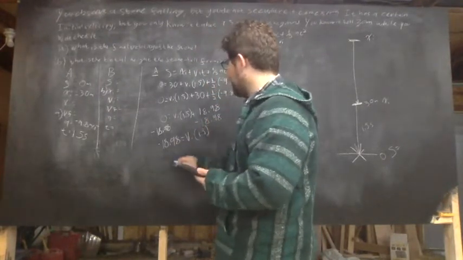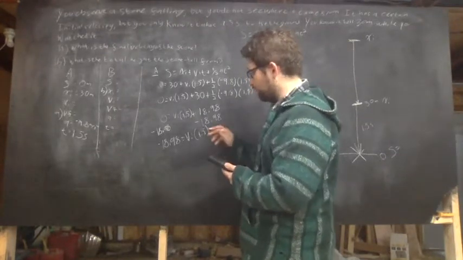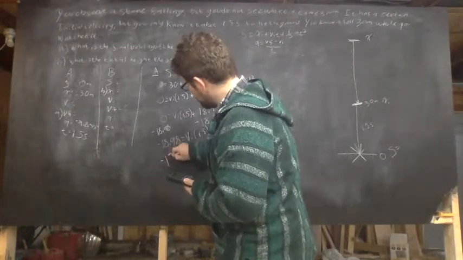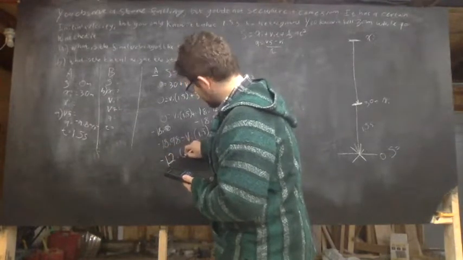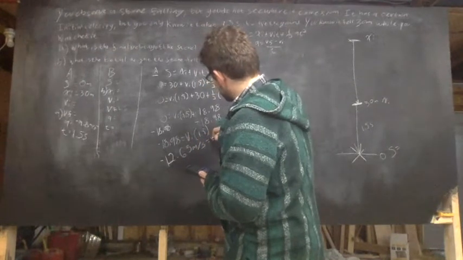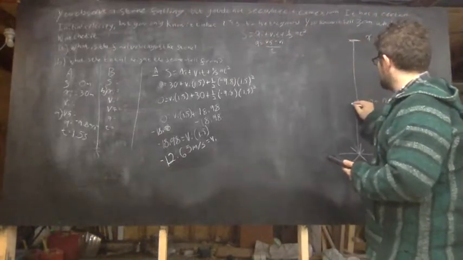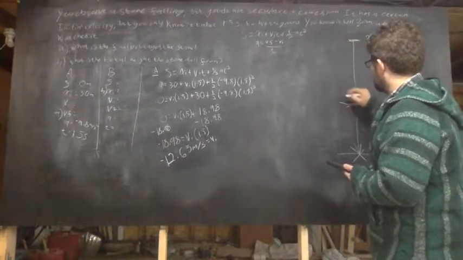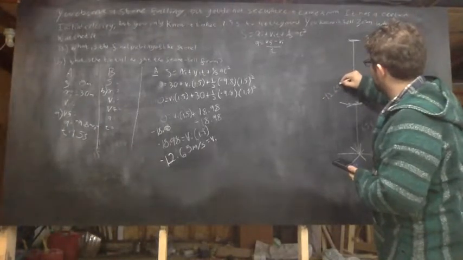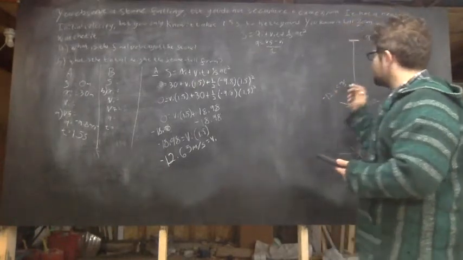Now to find VI, I just divide negative 18.98 by 1.5, and that's going to get me negative 12.65 meters per second. It's equal to VI. So my velocity at this point is going to be negative 12.65 meters per second.